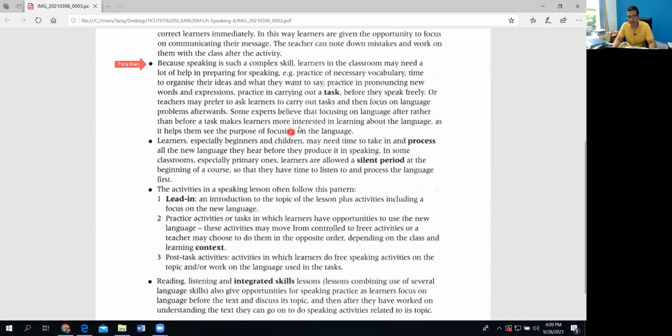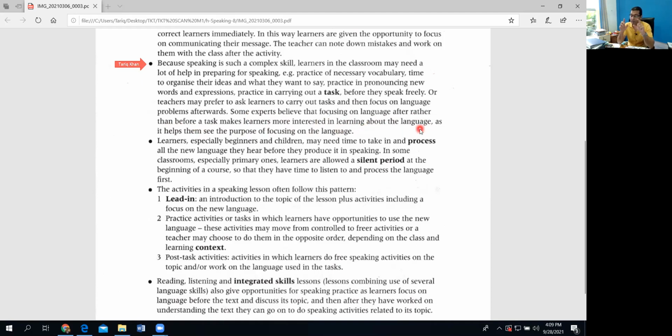Some experts believe that focusing on language after rather than before a task makes learners more interested in learning about the language. Now, note this point here. This is what experts of the language say.